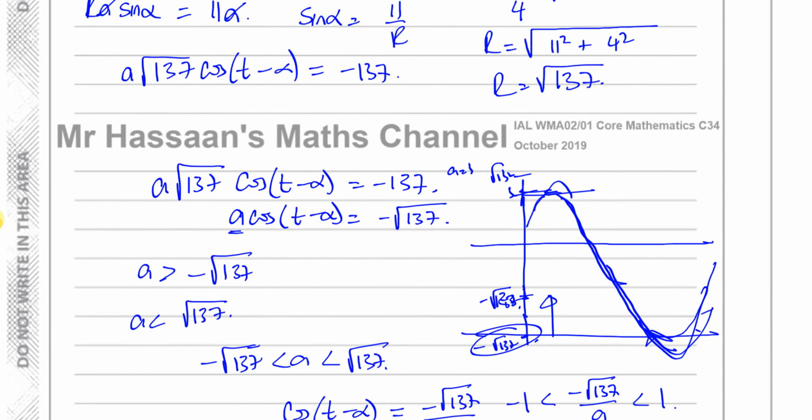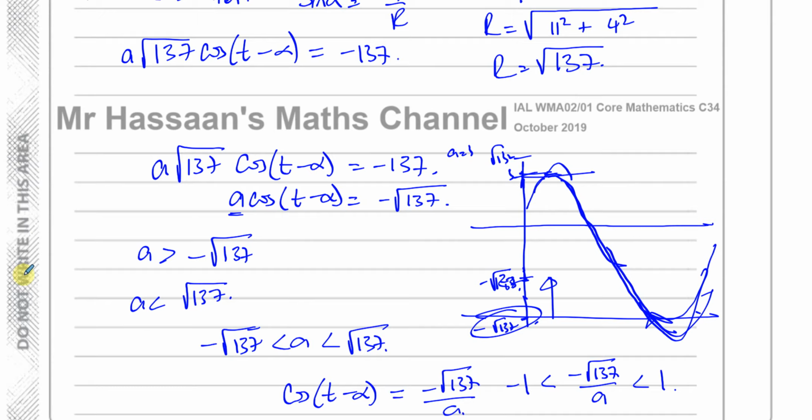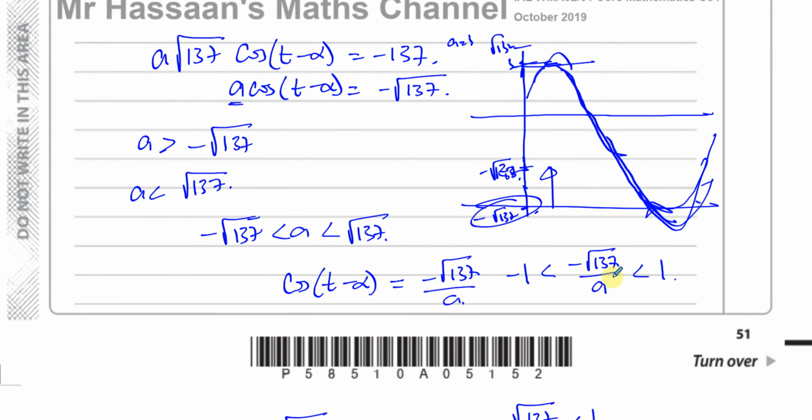However, I think it's easier to think about it in the way that we did it over here, just by thinking about the graph. The value of a, for this to have no solutions, has to be less than root 137 and more than minus root 137, so that it never reaches this value.